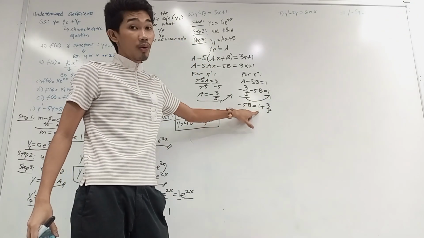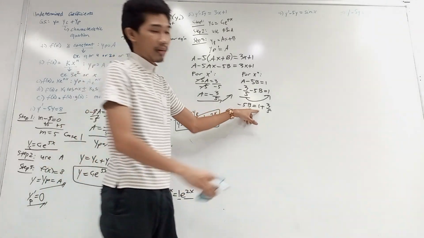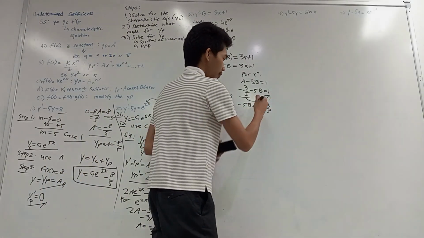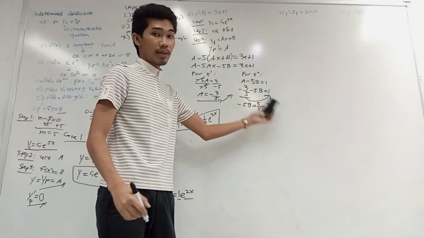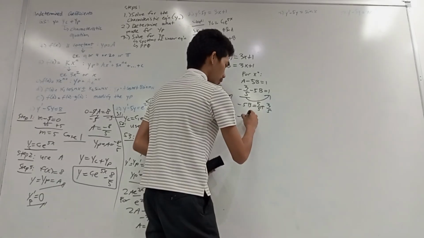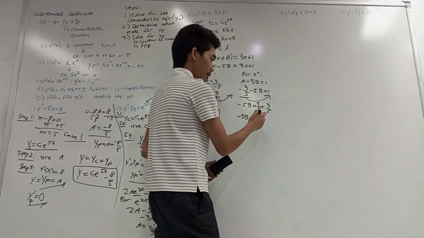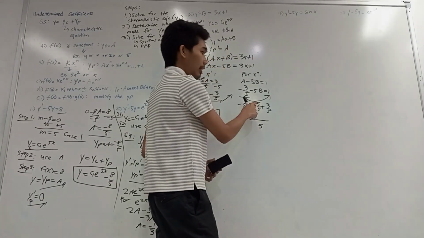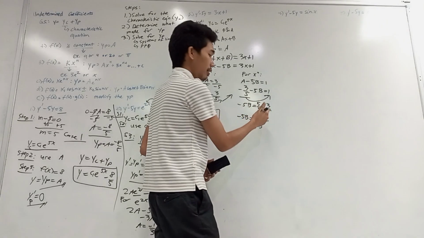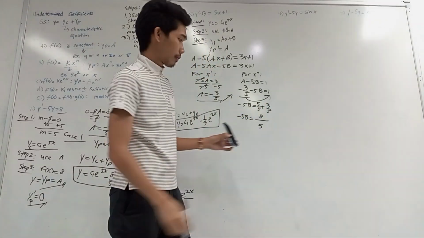But we know, ang 1 is equals to 5 over 5. So, ito siya, madali na lang siya i-simplify. Same denominator, which is 5. And then the numerator is 5 plus 3, which is 8.